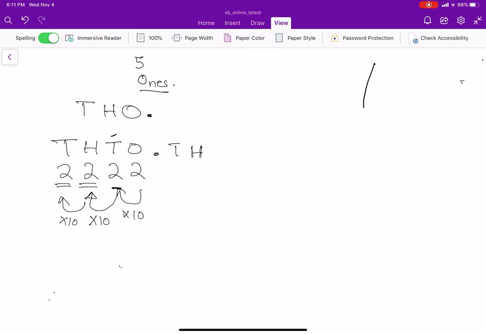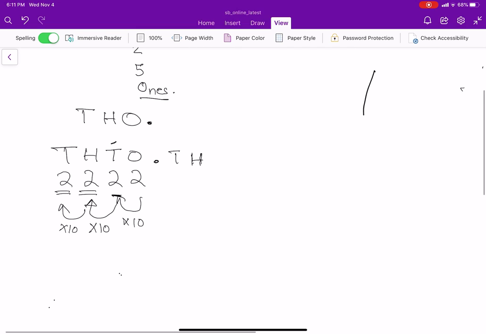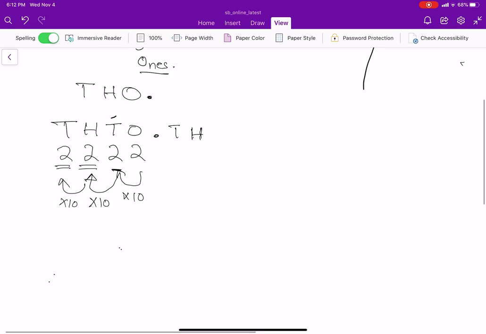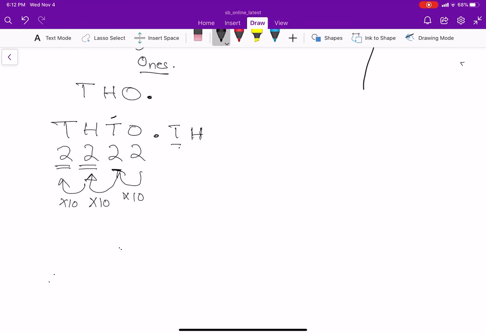But what if we put a decimal here and go on this side, what is happening? If we go on this side, what should we be doing with 10, multiplying or dividing?